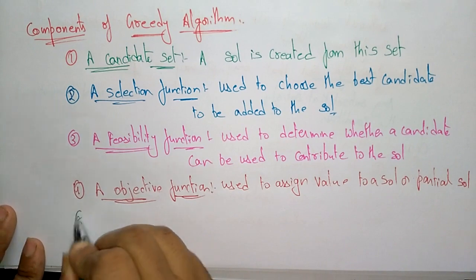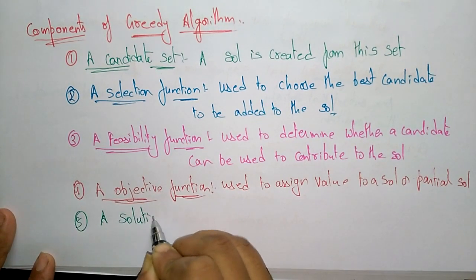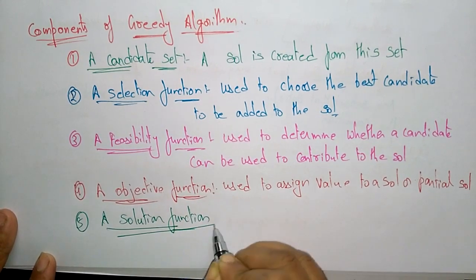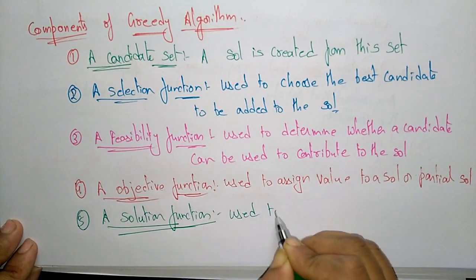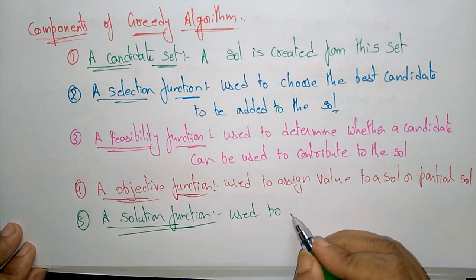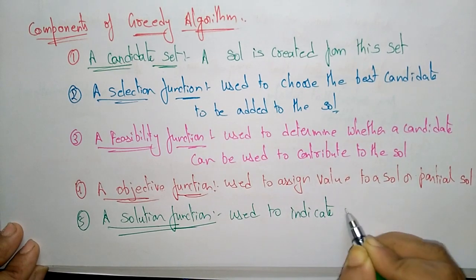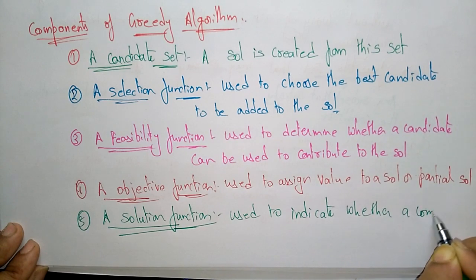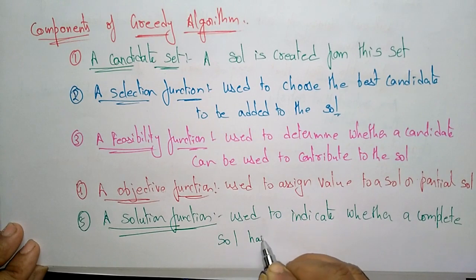The next component is a solution function. The final one is the solution function. What is the use of the solution function in the greedy algorithm? It is used to indicate whether a complete solution has been reached or not.